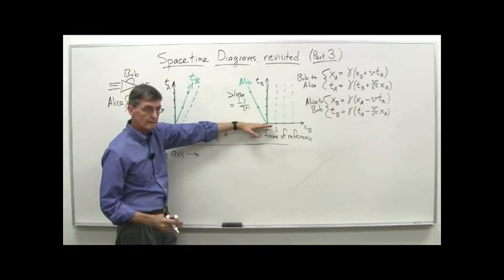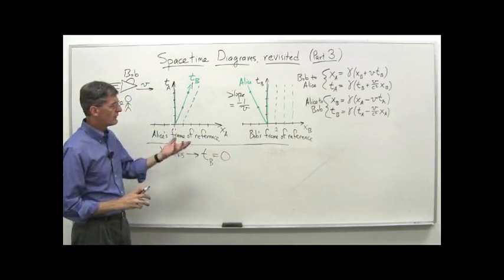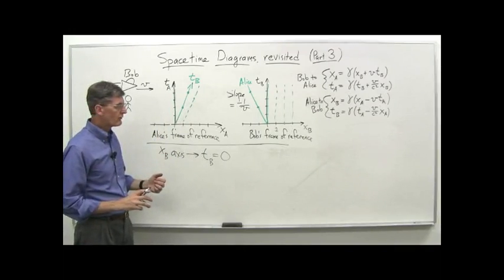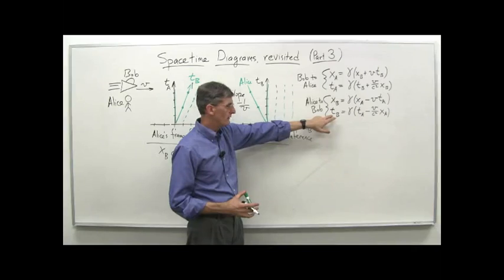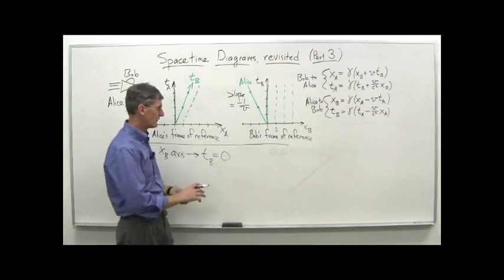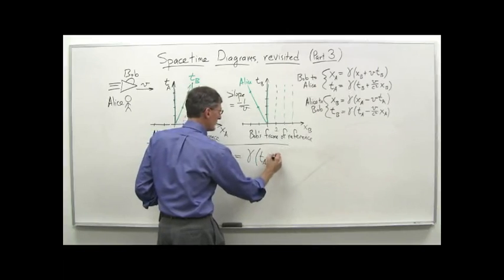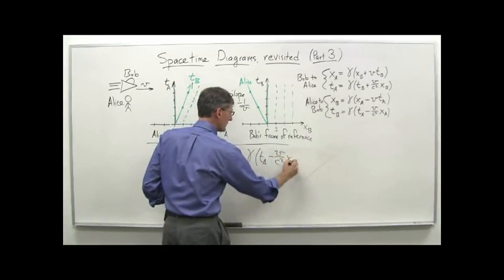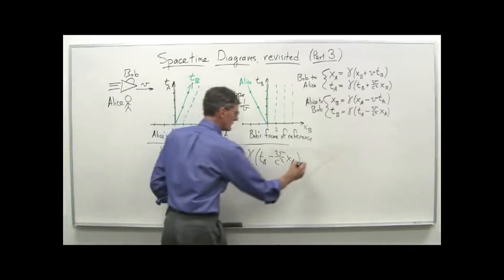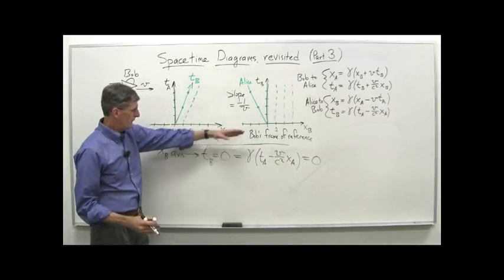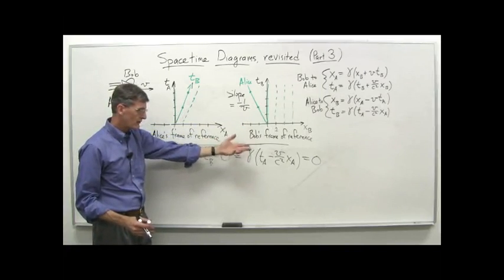If we look at our equations over here, we can use different ones, but this one in particular is a nice one to use because we've got the t_b all by itself here. It's going to equal 0, so we can say this equals gamma times (t_a minus v over c squared x_a). Again we'll just say that equals 0 because for this special case, t_b equals 0, the x_b axis, well, we can solve this equation for x_a in terms of t_a.